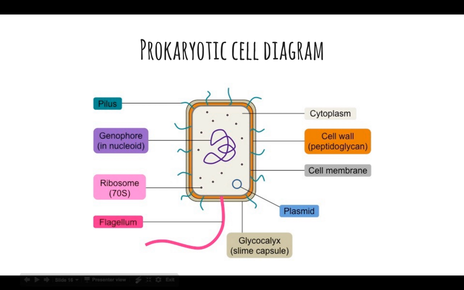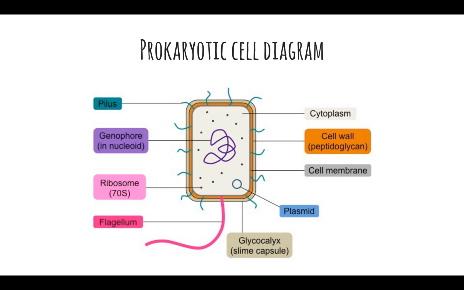Okay, so now this is the diagram of a prokaryotic cell. They'll be asking you to draw and label the prokaryotic cell. So this is how it should sort of look. It could also be an oval shape instead of this rectangular shape. That doesn't really matter.